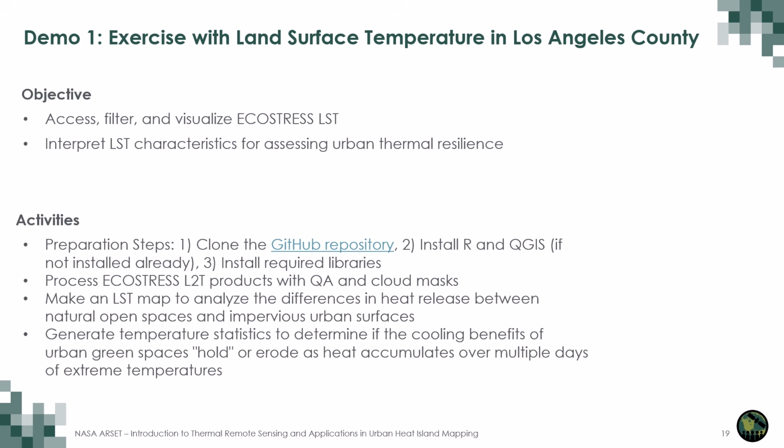This is because although there is vegetation in those areas, there is no irrigation. So the evaporative cooling capacity is much lower relative to the managed parks and other gardens that are well irrigated.